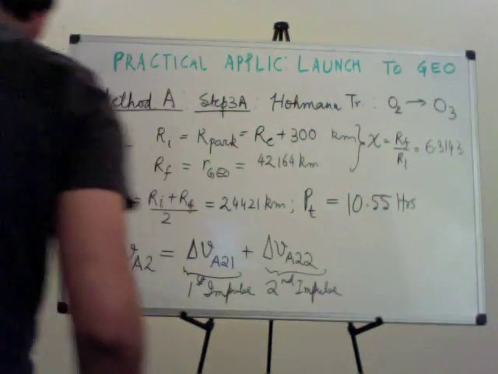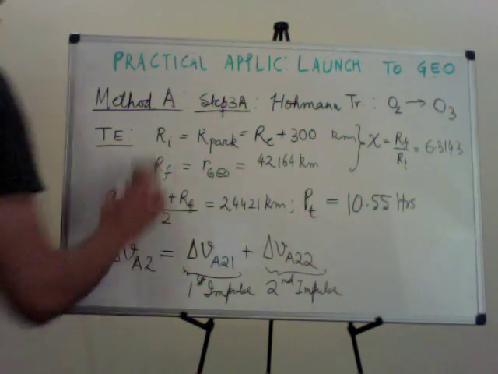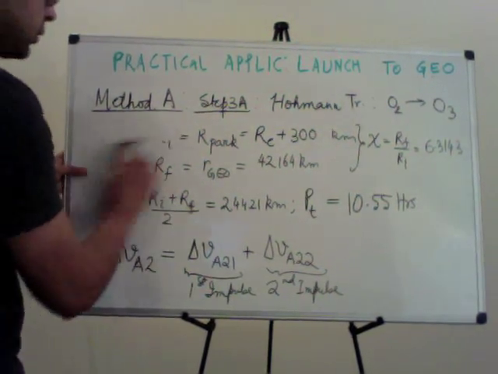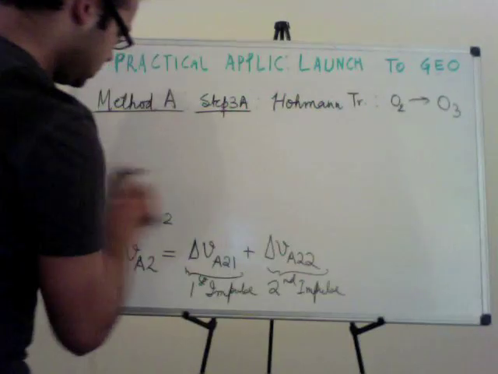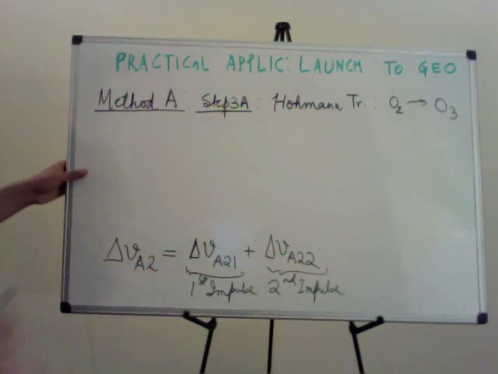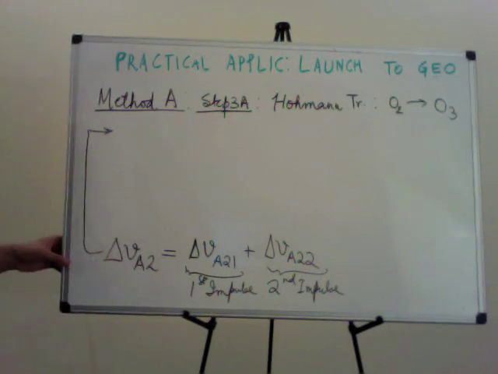And so basically these are steps 2 and 3 of the Hohmann transfer. And so I'm going to get rid of this and write the composite expression back here.